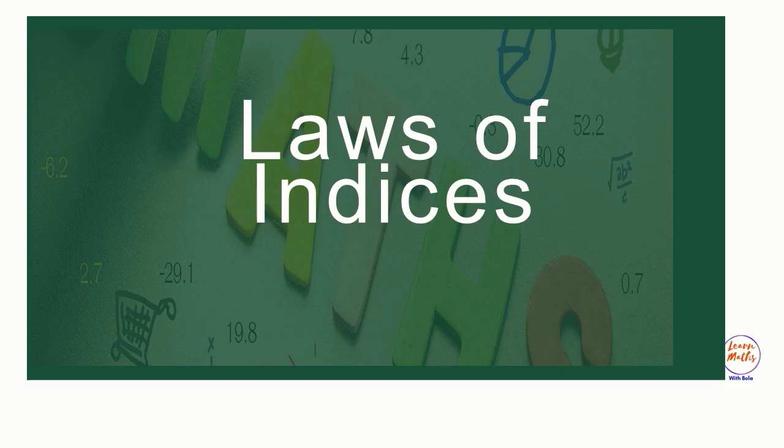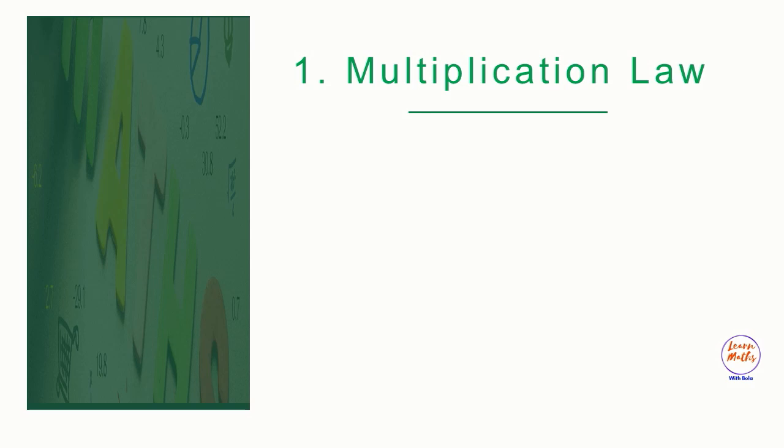Now the laws of indices. Let's look at the laws of indices one after the other. The laws of indices are the laws that guide how you can approach questions on indices. We have the multiplication law, which says when multiplying two powers with the same base, add the exponents.